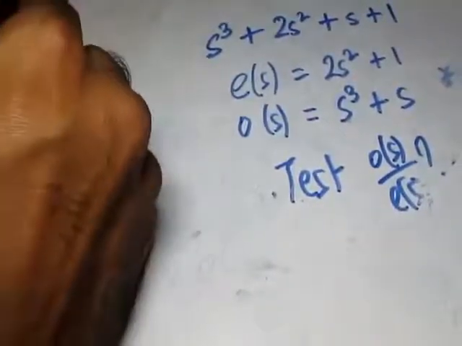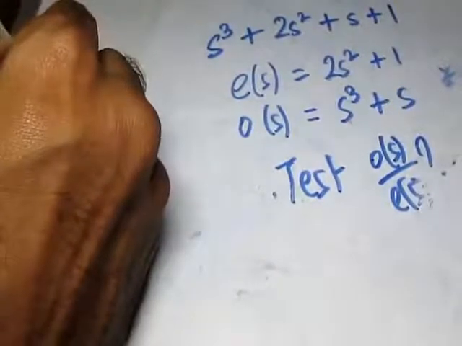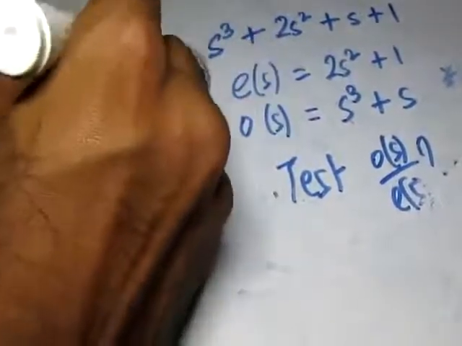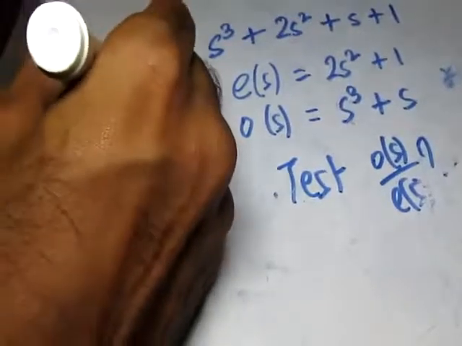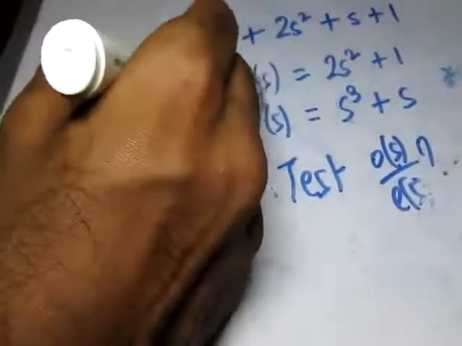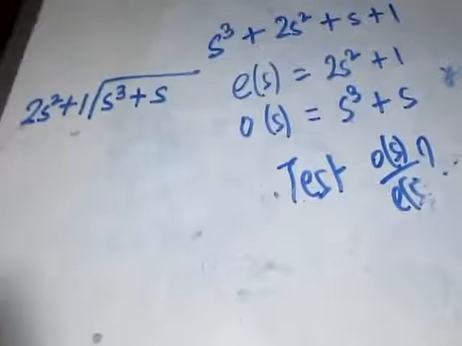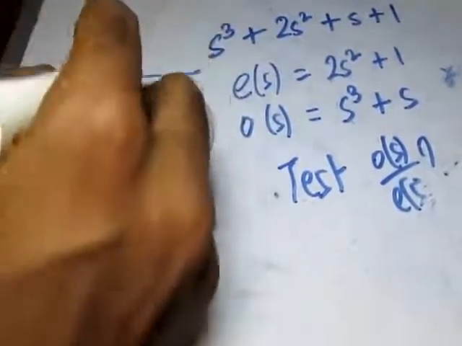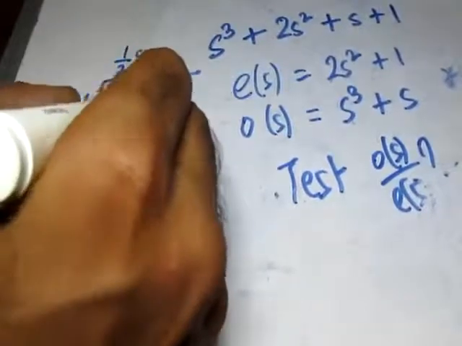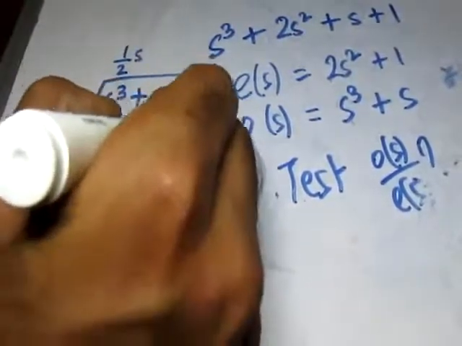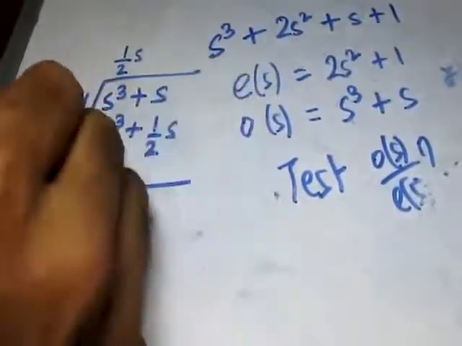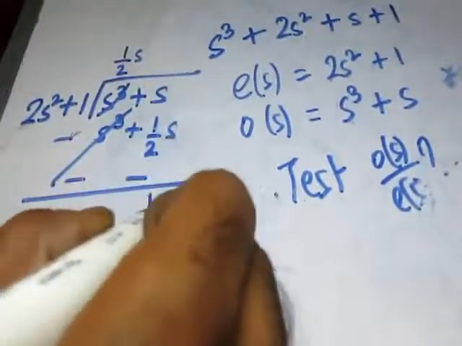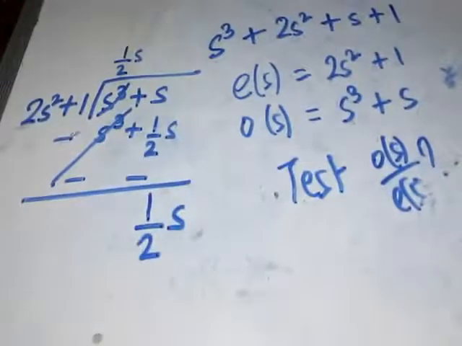So what we do is divide s cube plus s by 2s square plus 1. Now we place half s, that becomes s cube plus half s. We are left with half s.